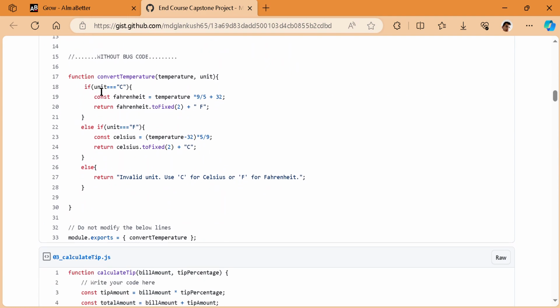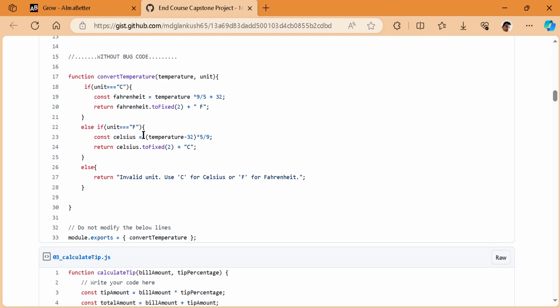Here is the code. If unit equals C, then we calculate Fahrenheit with this formula. Then we fix it to two digits after the decimal, and add F to indicate that this temperature is in Fahrenheit.